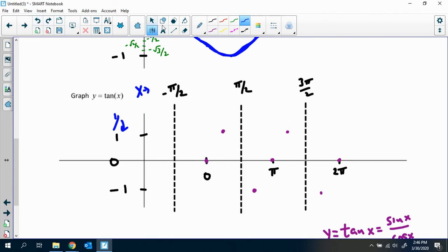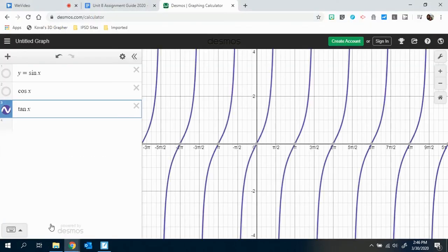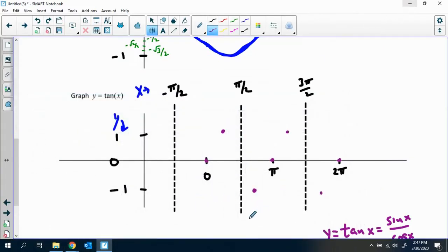So if I graph this function, I have an awareness of what it looks like based on looking at the Desmos. So it looks like I have asymptotes at negative pi over 2, 3 pi over 2, 5 pi over 2, and so on. And my graph looks something like this.